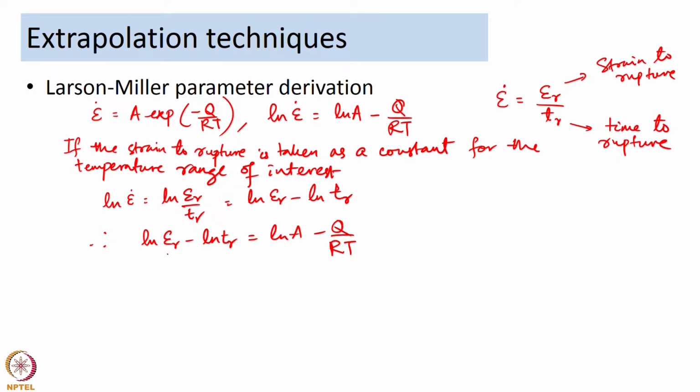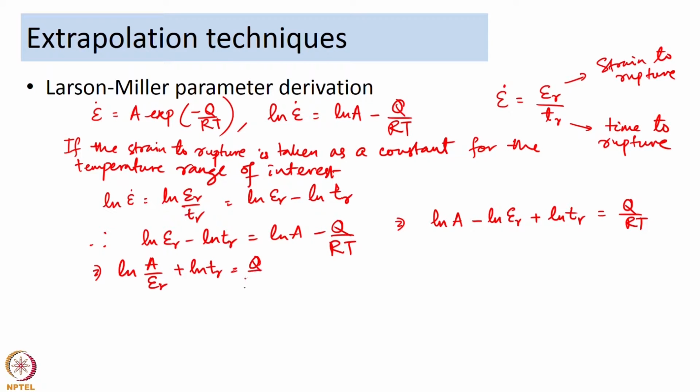Since epsilon r is taken as a constant, this implies ln A minus ln epsilon r plus ln t r is equal to Q over RT, and ln A by epsilon r, since epsilon r is a constant, you can take A and epsilon r together. So, ln of A by epsilon r plus ln t r is equal to Q over RT.